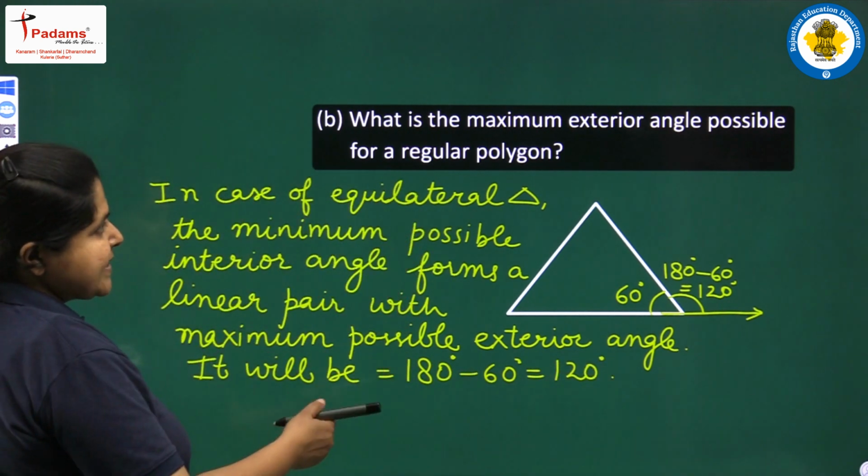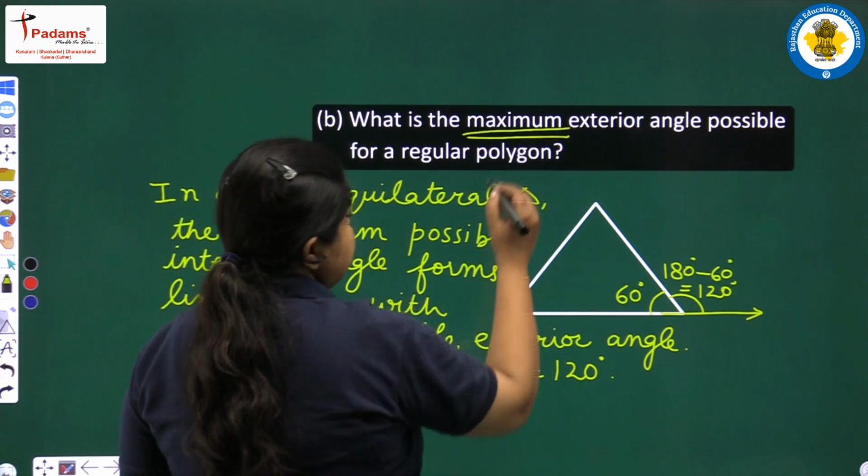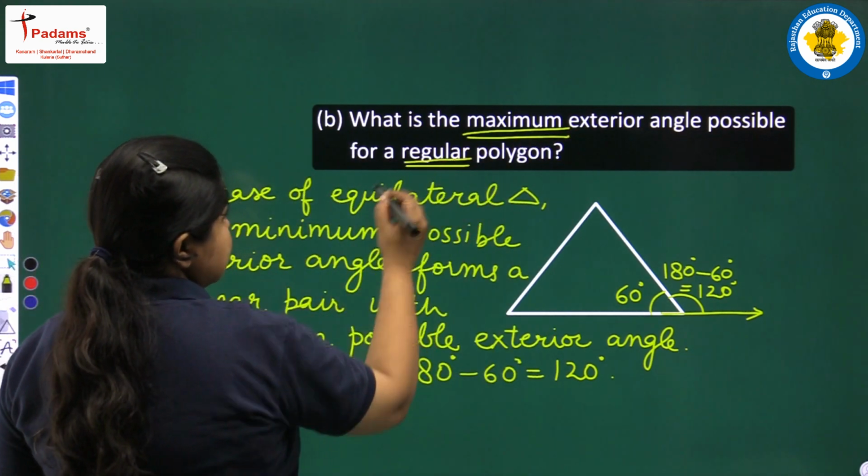So, this is the maximum possible exterior angle for a regular polygon.